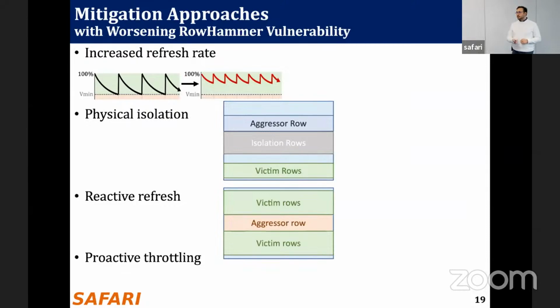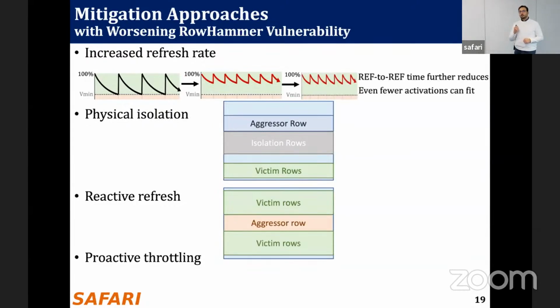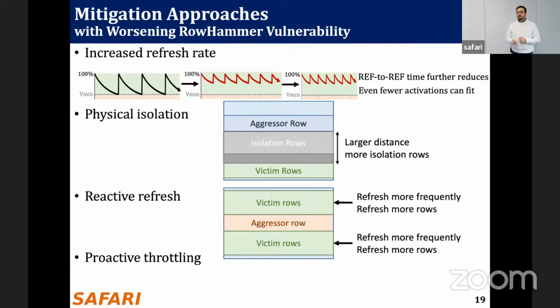So when we revisit these four categories, for increased refresh rate, basically what you need to do is to increase the refresh rate much more frequently, and this actually reduces the available time of this DRAM chip. For physical isolation, you need to put more rows in between so that you will provide a thicker isolation, and it will cost more capacity to your system.